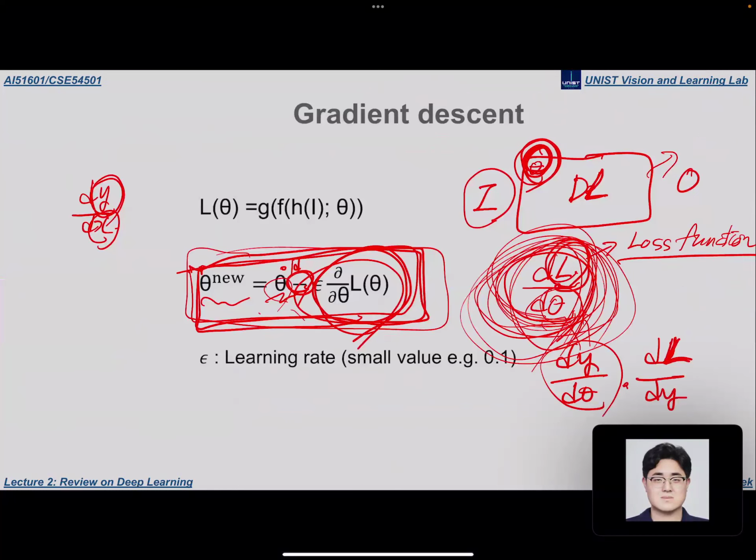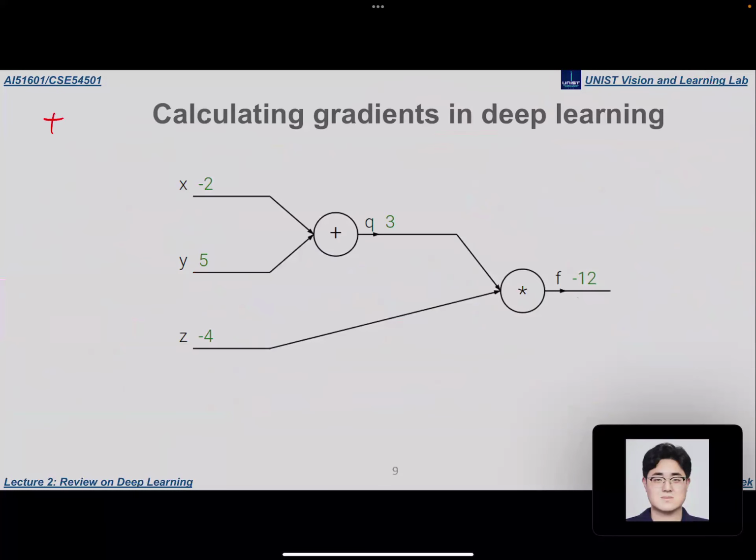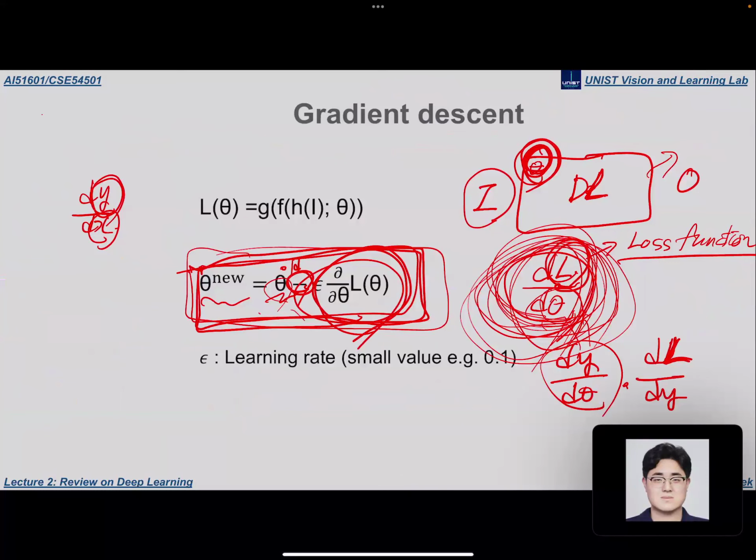And the thing is, if we constitute deep layers using these kinds of operations, plus, minus, multiplication, and division, then mostly always, the output becomes differentiable with respect to the input, okay?